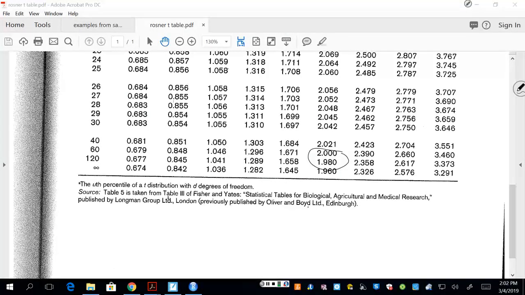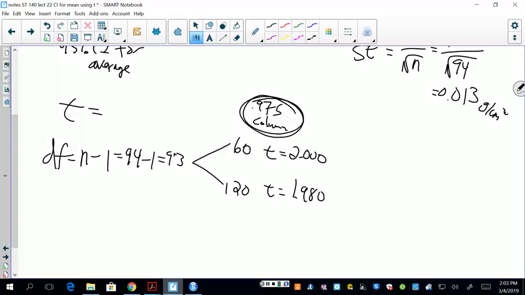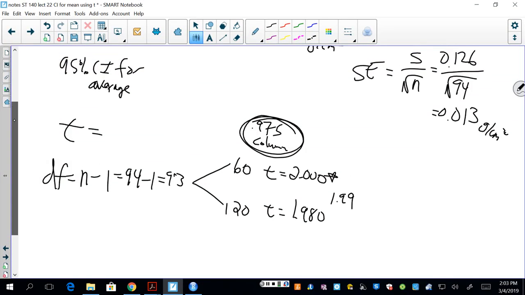But you're right, if you wanted to be conservative, you could go down to 2, because choosing a smaller degrees of freedom makes your interval just a little bit wider, so you have just a little bit more than 95% coverage, and that's okay. So you can either use that, or 1.99 seems reasonable as a compromise.